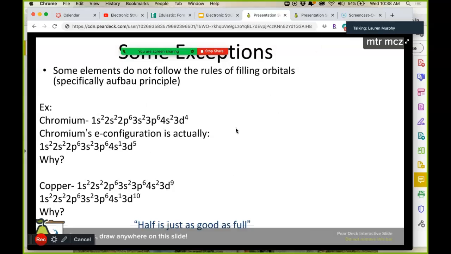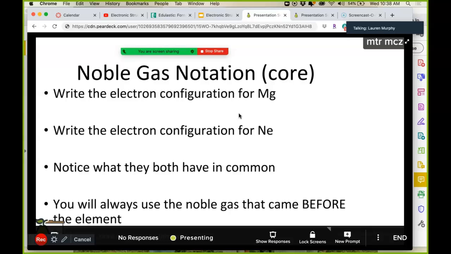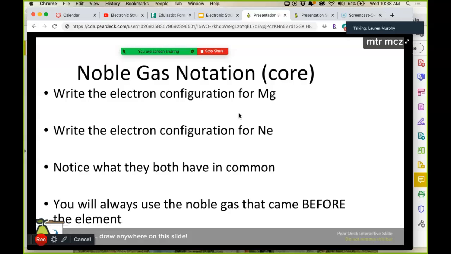And now we are going to get to the fun, nice, shortcut, easy part, which is known as noble gas notation, sometimes referred to as core notation. We've done orbital notation, where you put them in the boxes or the circles. We've done electron configuration, where you just read the periodic table and fill in the electrons according to the order that the periodic table goes in.